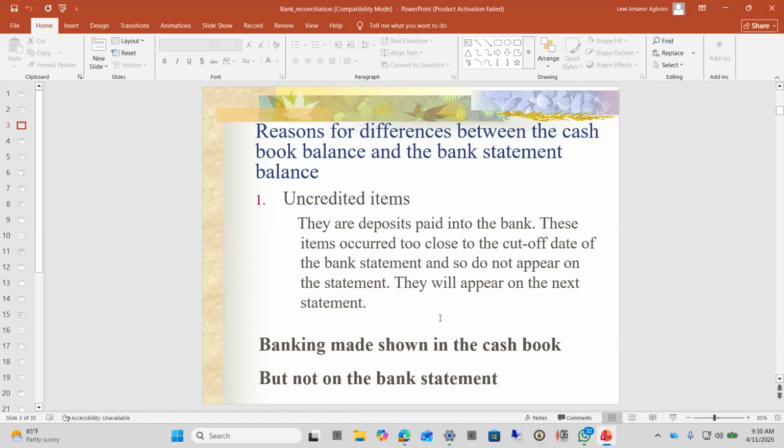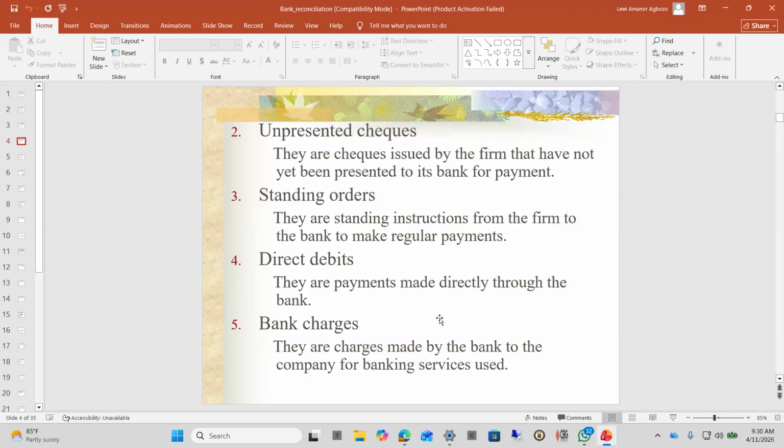So we say that uncredited items are bankings made, shown in the cash book, but not on your bank statement. Items you send to the bank and it has shown in your cash book in your office, but it did not show in your bank statement. All those items are called uncredited items. Is that okay?